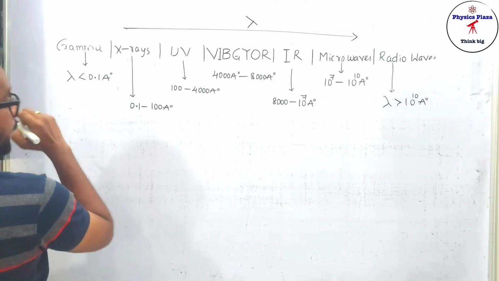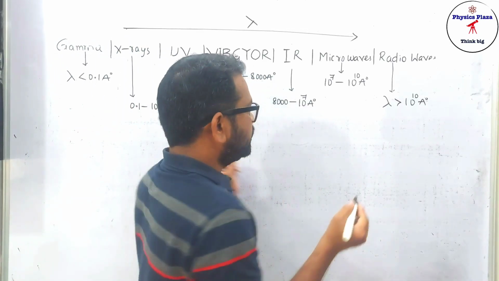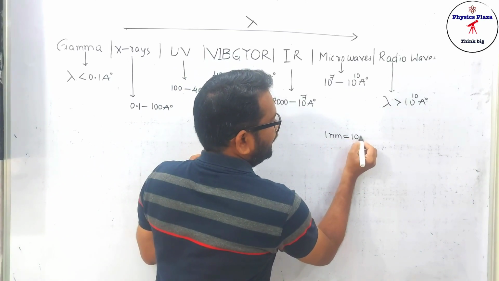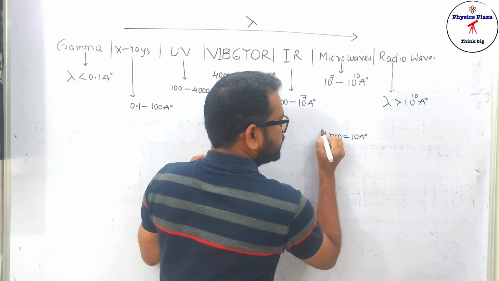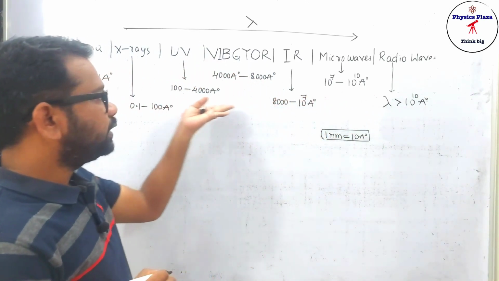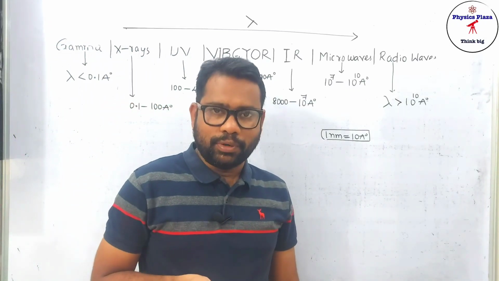Children, from the examination point of view, sometimes they may ask in nanometers also. Don't get confused. Here 1 nanometer is equal to 10 angstroms, which means you just divide all these values by 10, then you will get the wavelength in nanometers.